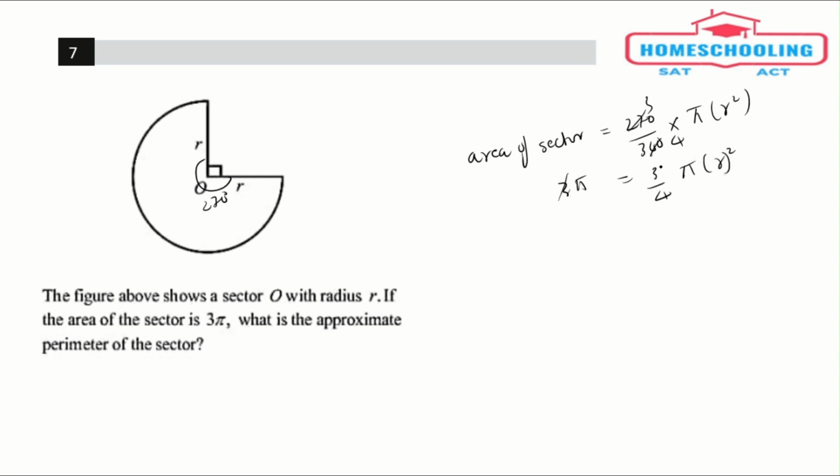So 3 cancels, pi cancels, so r square is equal to 4, so r is equal to under root 4, that is 2.